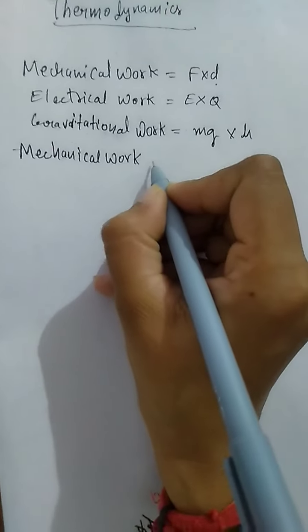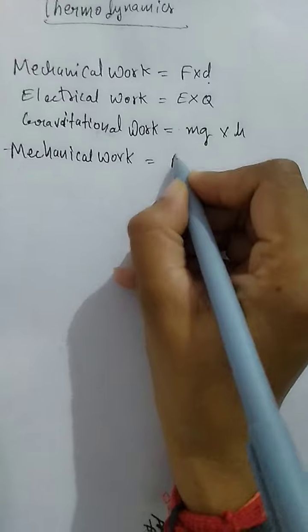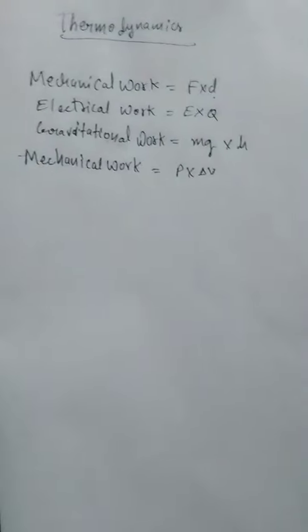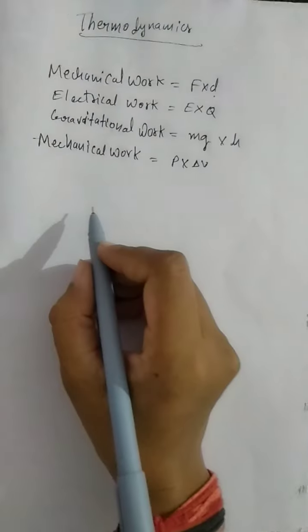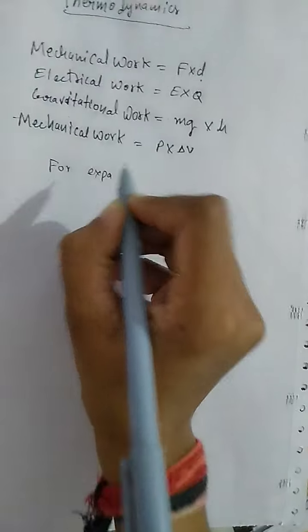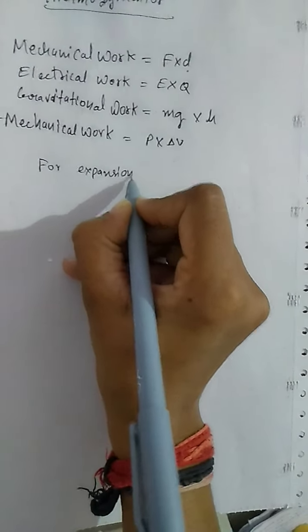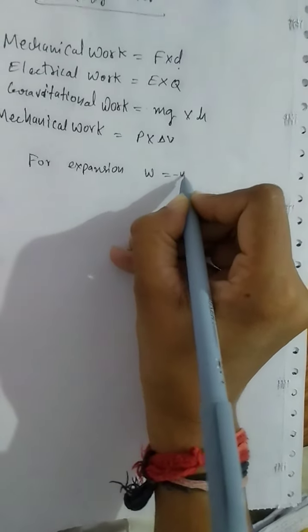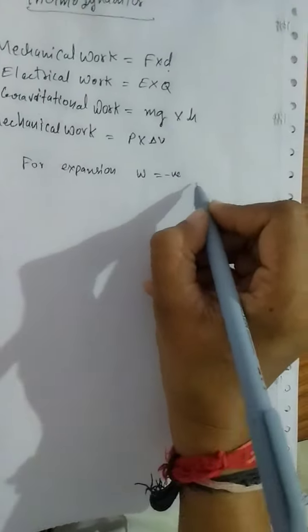Now mechanical work is equal to P into delta V. Here P is the pressure, delta V is the change in volume. Now we know that for expansion, we have W equal to negative, since V2 is greater than V1.